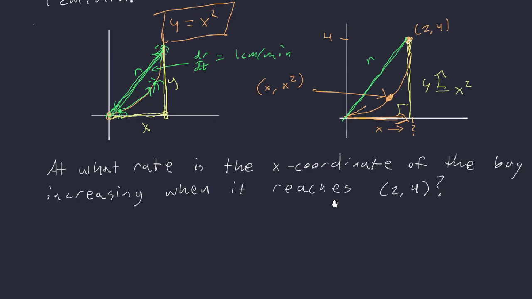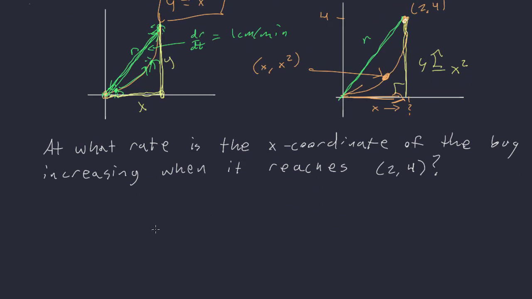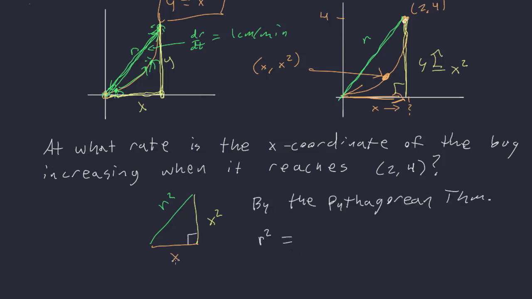So we can actually write this triangle, in this case, as an x by x squared by r squared. Okay, so by the Pythagorean theorem, r squared is going to be equal to x squared plus x squared squared.